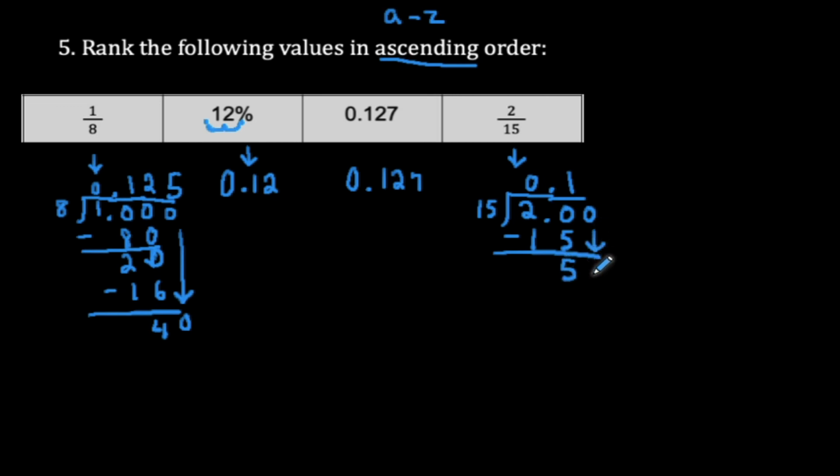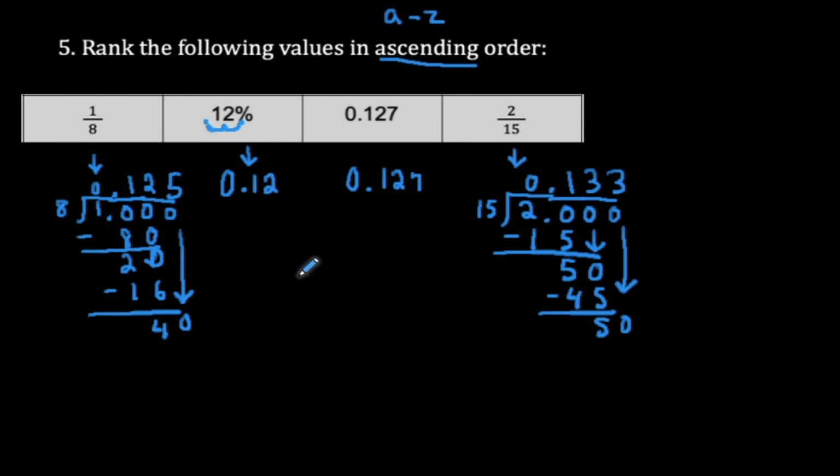Bring down the 0. And then this is 3 times. So that's 15 times 3 is 45. And then 50 minus 45 is 5. Bring this down one more time. And that is 15 goes into 50 3 times. So this is 0.133 repeating.